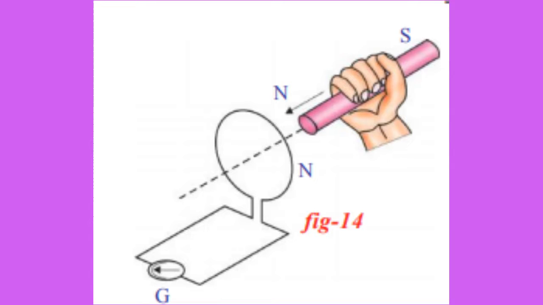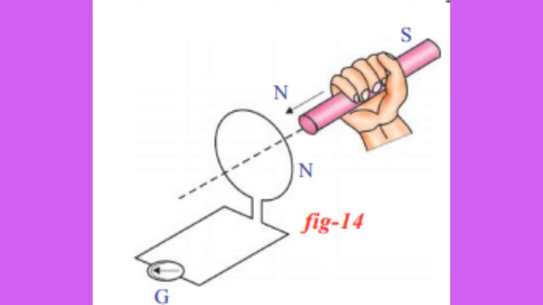That means the bar magnet and coil are in relative motion. That means there is a movement in the bar magnet, though there is no movement in the coil. In that position, there is deflection in the galvanometer.